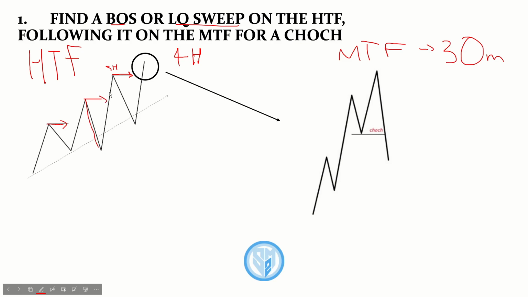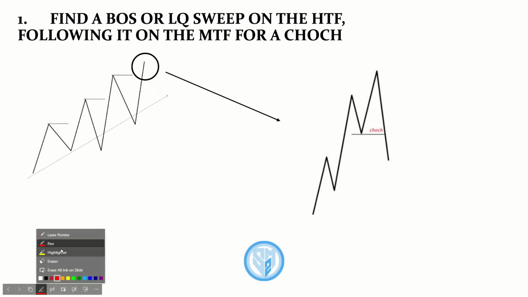Price sweeps it, eventually we see a retracement towards the downside. Price sweeps it, we get that up move, and then eventually we're expecting a retracement towards the downside, right? So now that we've got that established, we can now talk about on the higher time frame.